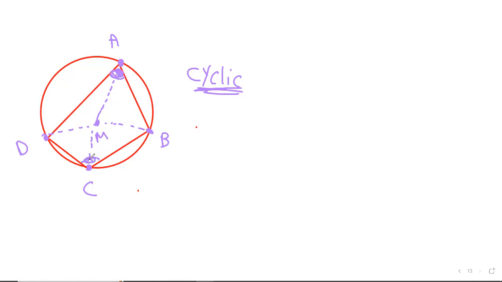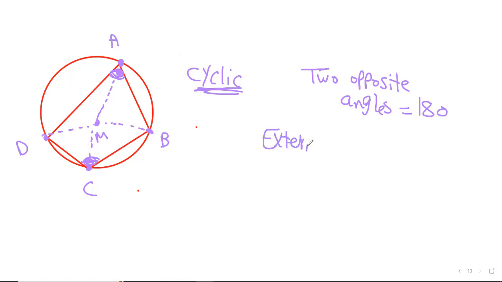So angle A and angle C are supplementary, they add up to 180. So each two opposite angles are supplementary, equals 180. And the exterior angle: if we extend the side BC, you will get an exterior angle.